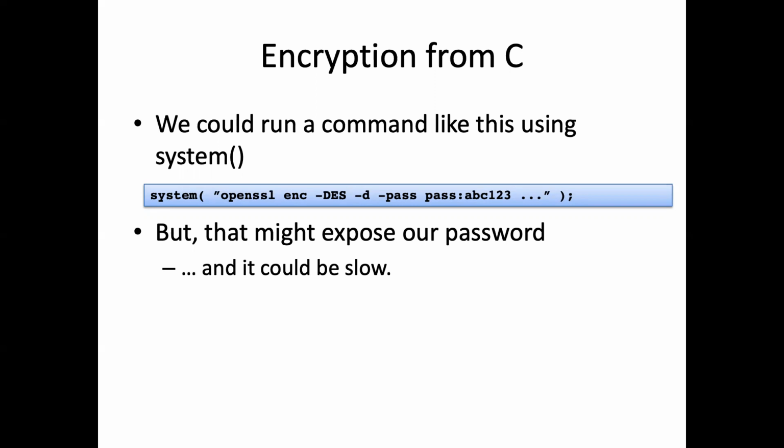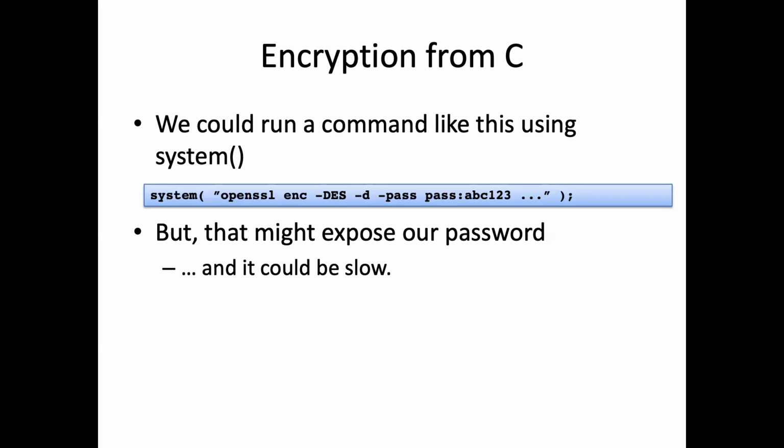One of them, the reason we've been talking about: it's not going to be very secure, since anyone else on the system could see your password when you did this. And it's probably going to be slow. If you're starting from a C program, why would you want to go through the shell to run another program that itself might have been a C program, to do something that you could just do yourself?